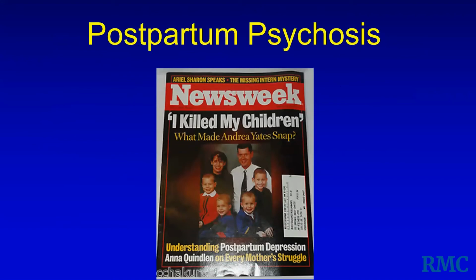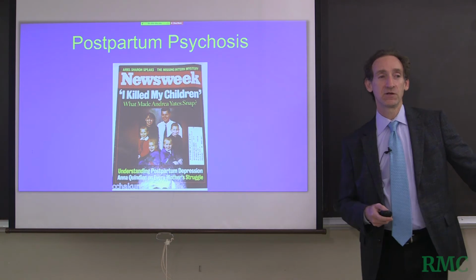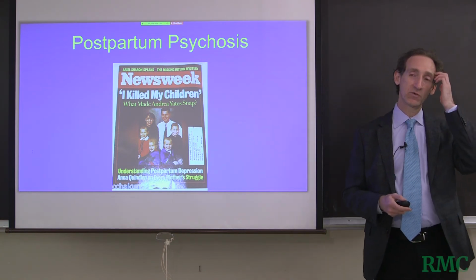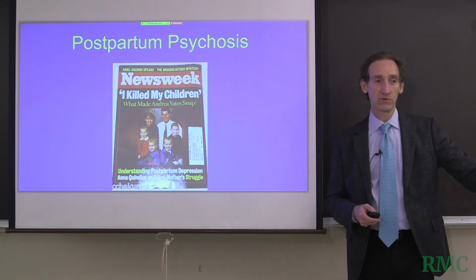Postpartum psychosis, again, 1 in 1,000. The most famous case is Andrea Yates. She had, I don't remember how many children, I think more than 4 kids, and each time she had a child, she had a severe postpartum depression. And at least 1 or 2 of those were with psychotic episodes.